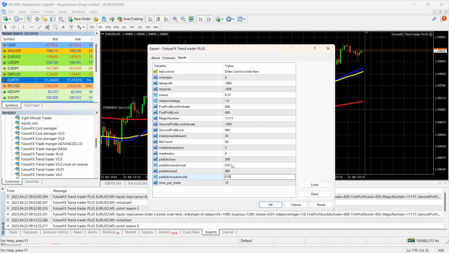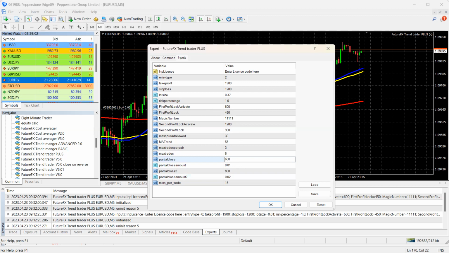But I'll tell you how I like to use the partial closes myself. If my first profit lock is at 600, I will either set the partial close at the same as profit lock or just a little bit higher. I won't set it as less than the profit lock.